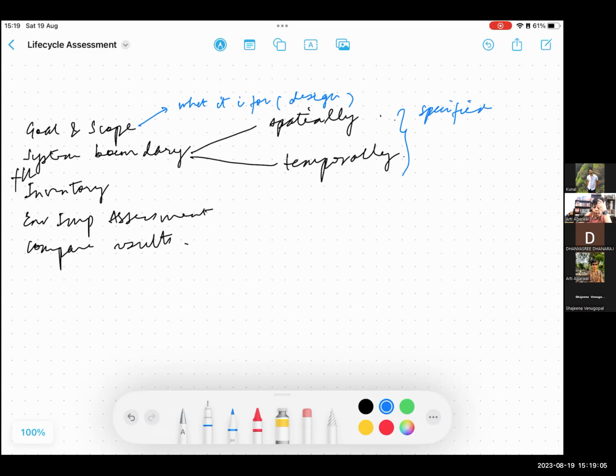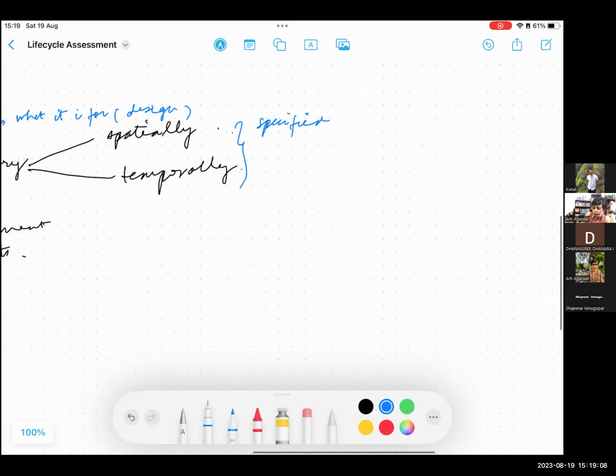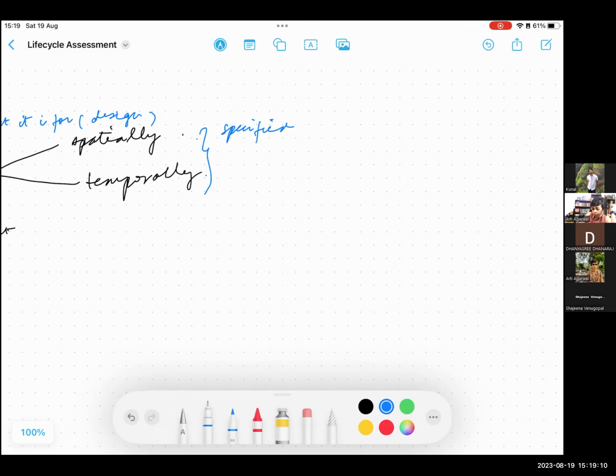in your model. So when I'm saying specified, for example, I was taking the example of a coffee mug. Suppose this is a coffee mug, right? And you want to take it cradle to gate, for example. Then you will start with defining all the steps included in that cradle to gate.